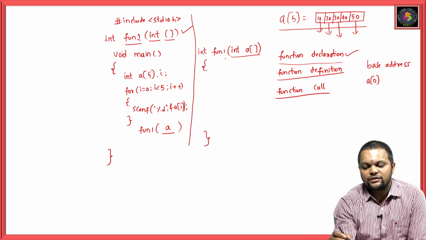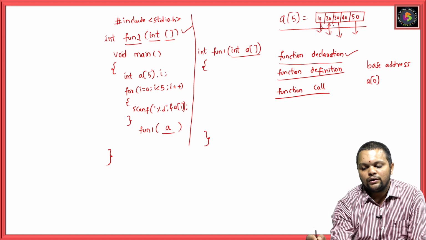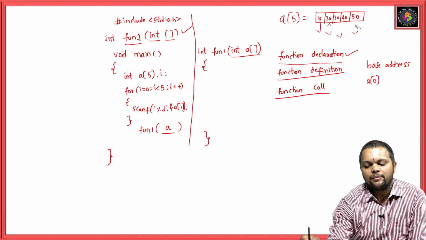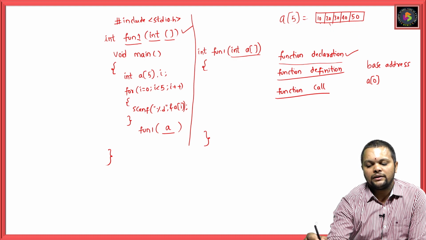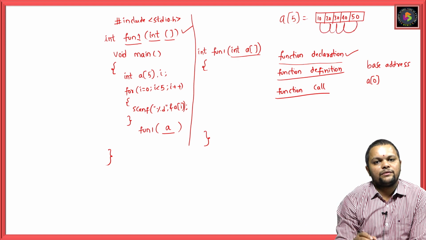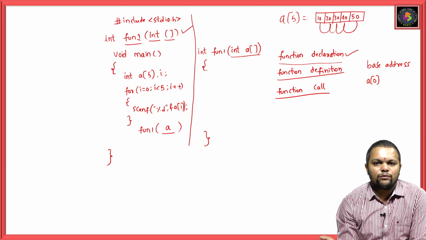In the next iteration, it will take the next value, and one more next value, up to 50, up to the elements whichever you are giving there. It will take the first value, after that second, third, fourth, fifth: 0, 1, 2, 3, 4.